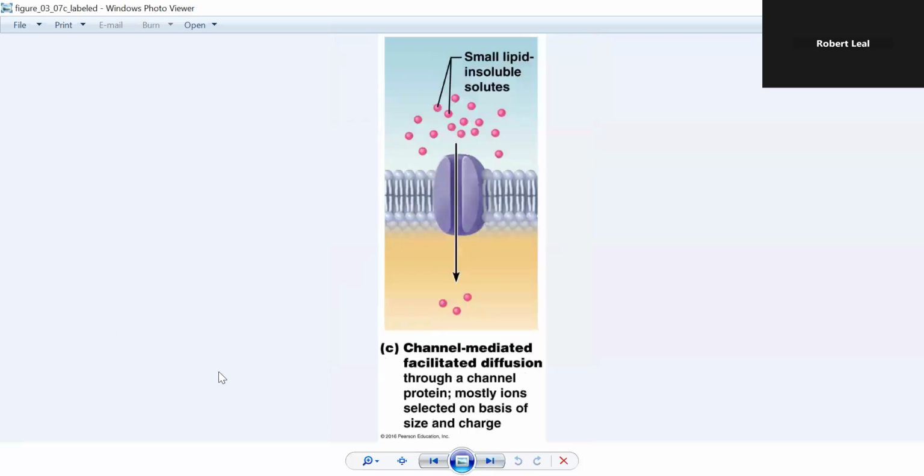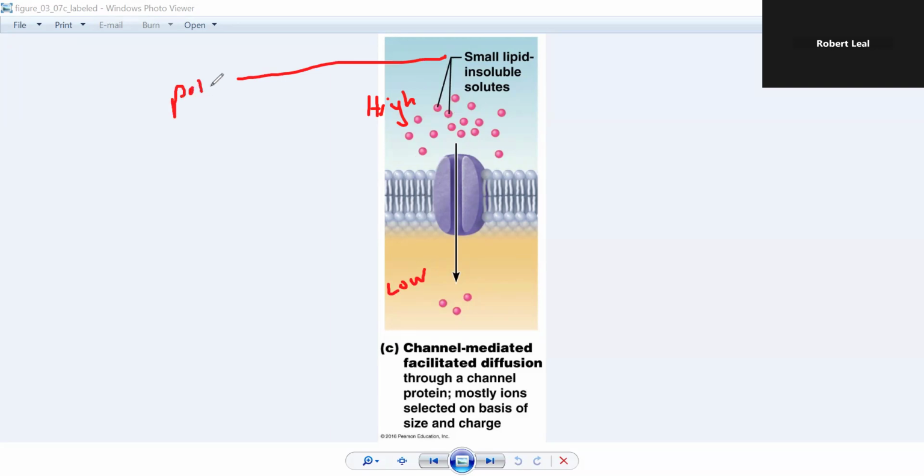So in this next scenario, again, you have a substance. There's more of it outside the cell, right? And it naturally just wants to go where there's less of it, from high to low amount. But you'll notice the substance again is polar. It is not like a lipid.